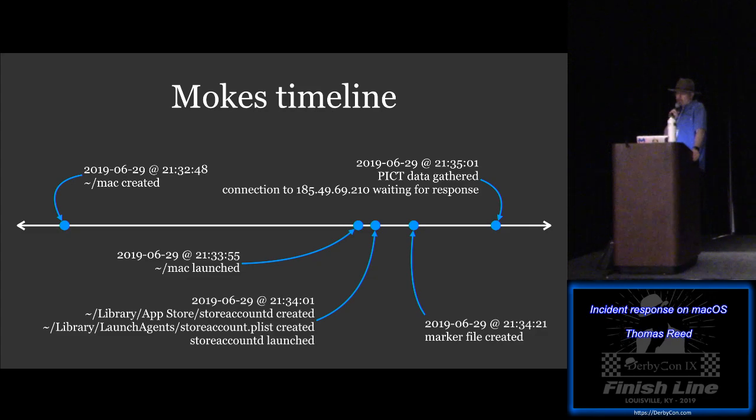We see just shortly after that the marker file was created, and again, if that were some exfiltration data file that was being created, we could see when it was created, when it was continuing to be accessed, and get a window of time. And then at the time we did our data collection, we can see there was that network connection that was still waiting for a response.